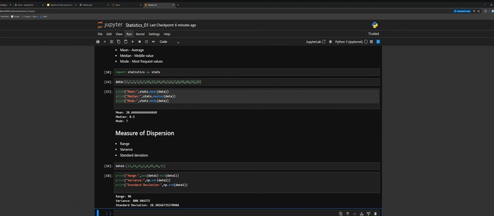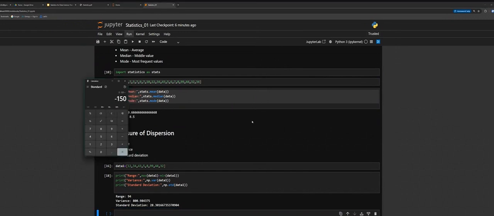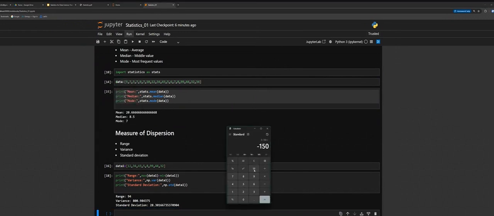So range is 94. Even if you open a calculator, what is the max number here? 99 minus what is the lowest? 5. 99 minus 5 is 94. 94 is our range.